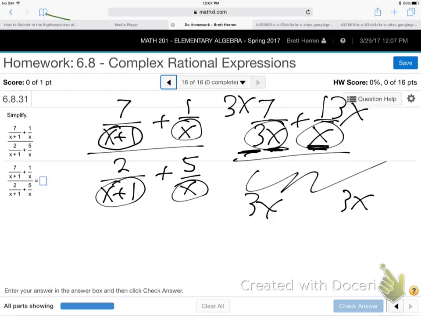Don't need to take that also. I would not take 3x and x. That would be repeating, and we're not repeating. We buy one of each. Whereas over here, I do take them both, because x plus 1 is a glued package. It's not a separate x. Everybody see that? Question? Comment?